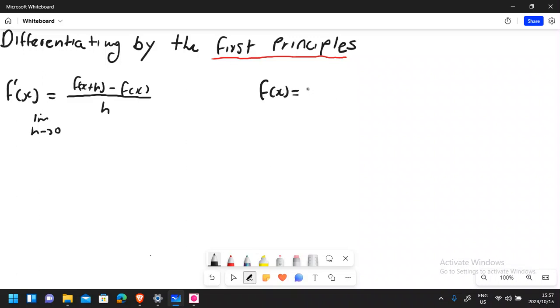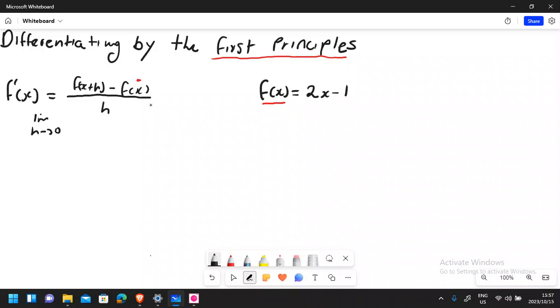Let's say your f of x is 2x minus 1. As you can see, this is your f of x, so for this part we are fine, because this is always given to us. As long as there's f of x, you're going to substitute it in the formula.